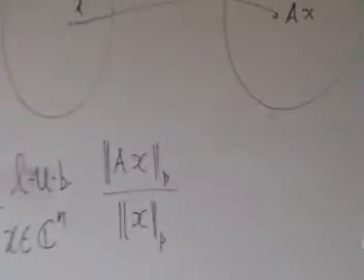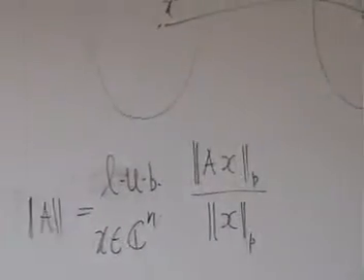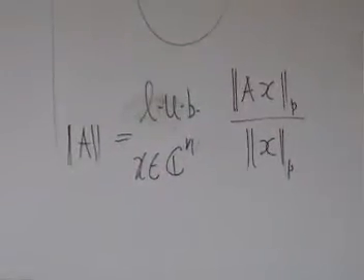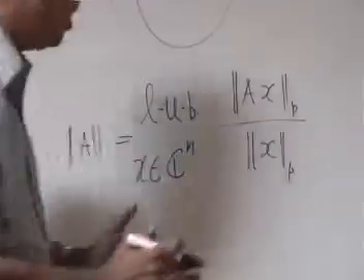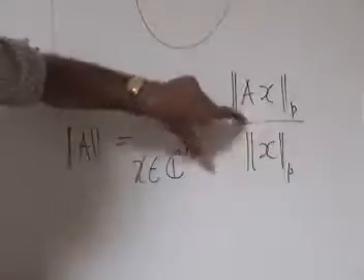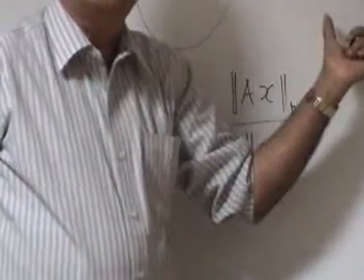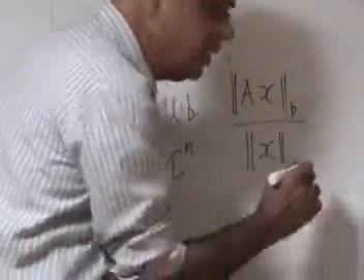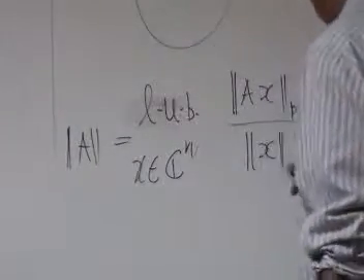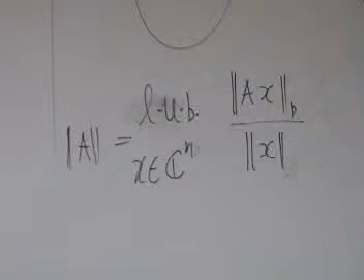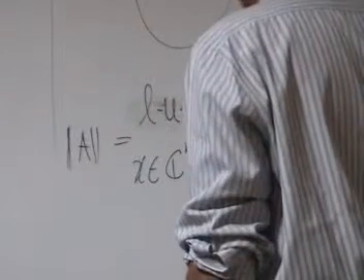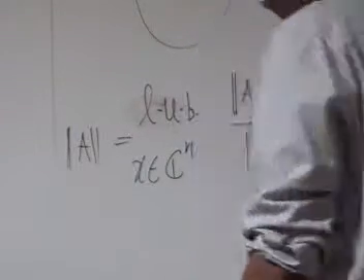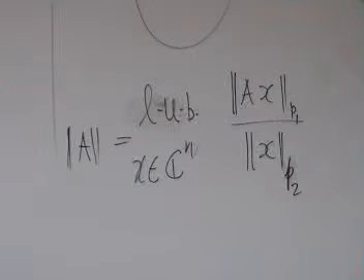Later we will discuss this aspect. Look at this least upper bound of the norm of Ax by the norm of x in the p sense, and you can do all kinds of things. I can take some other length concept here and some other length concept there. In general, p and q are always considered for some reason conjugate objects, 1 by p plus 1 by q equal to 1. But I can choose a p1 measure there and a p2 measure here and look at the change that takes place.